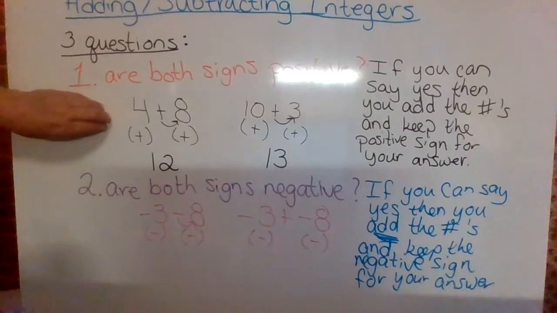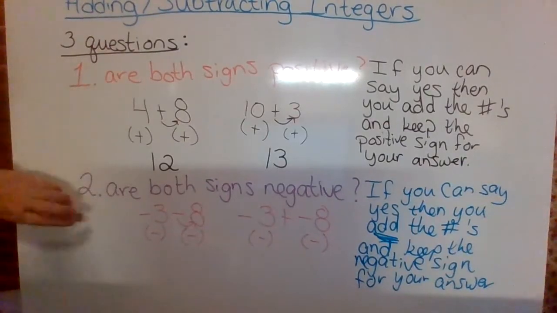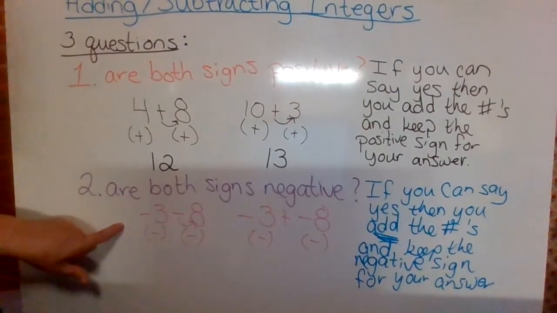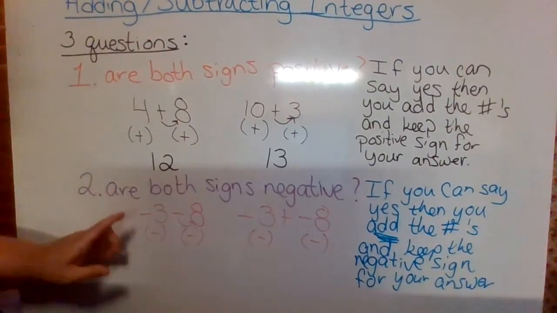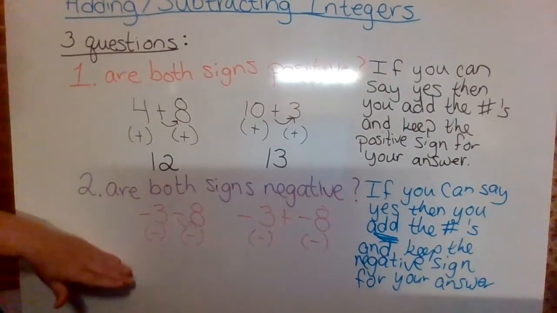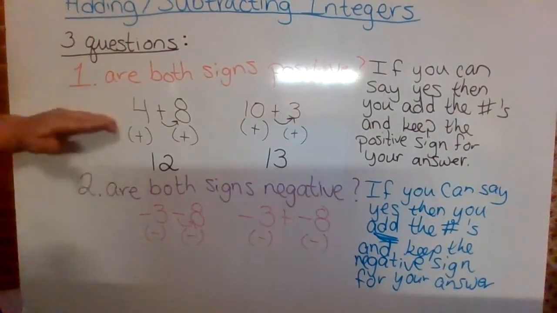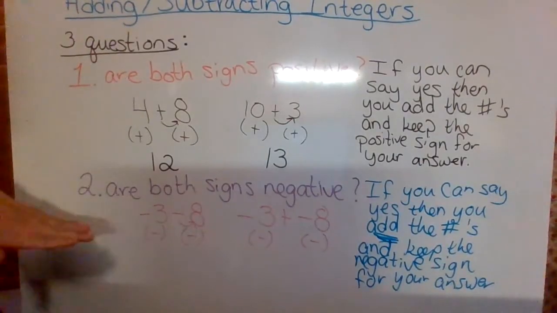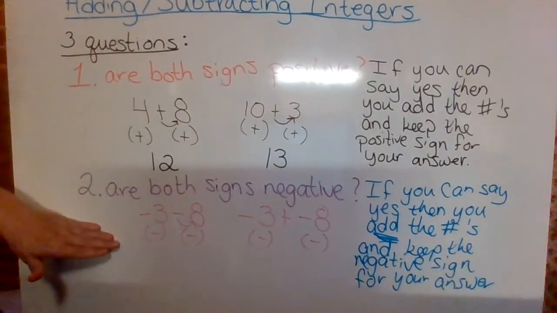This one seems to be okay. Everybody knows how to add numbers if they're both positive. But this one right here gets a lot of people. If they're both negative, you still add them, but they have to keep the negative sign when you put your answer down. So these two you handle the same way, but this one has to keep the negative.